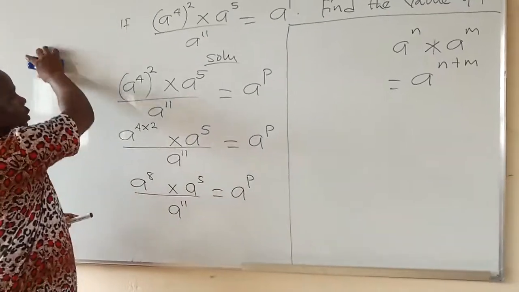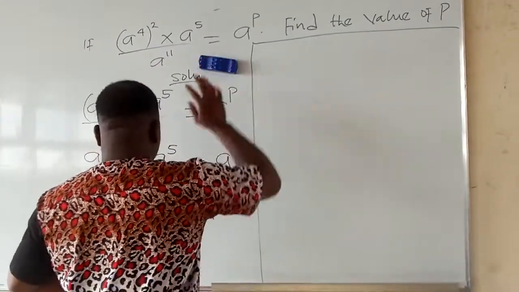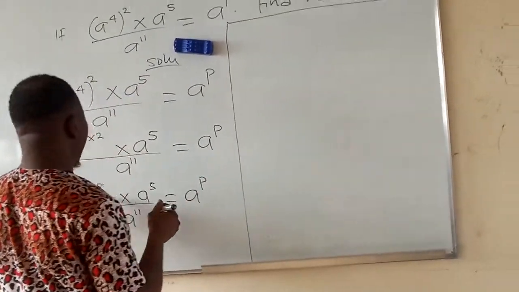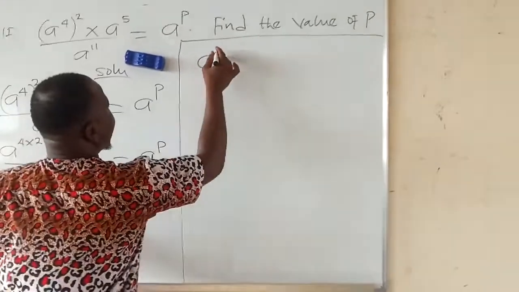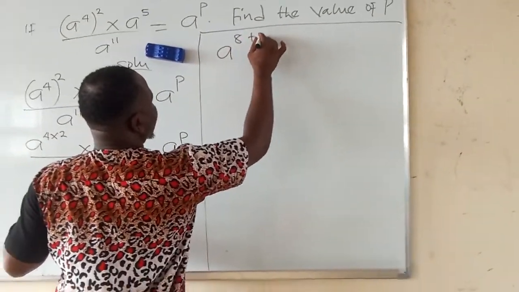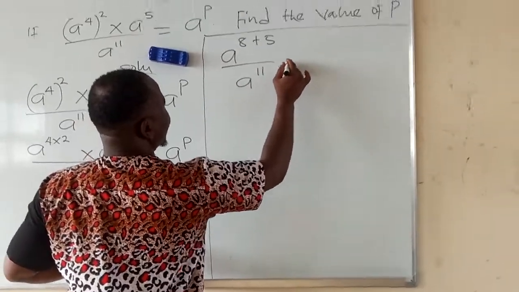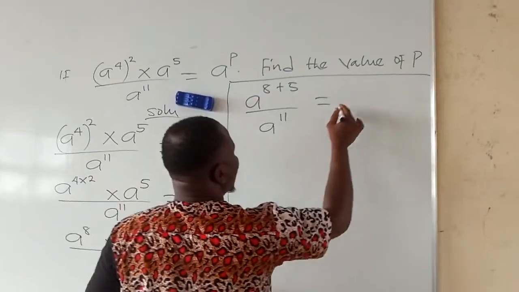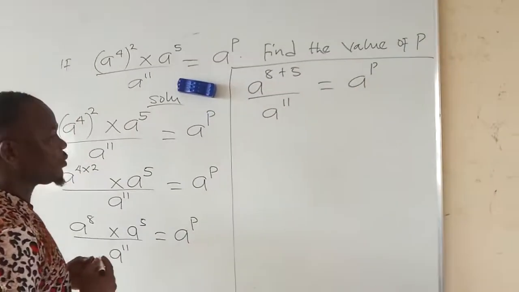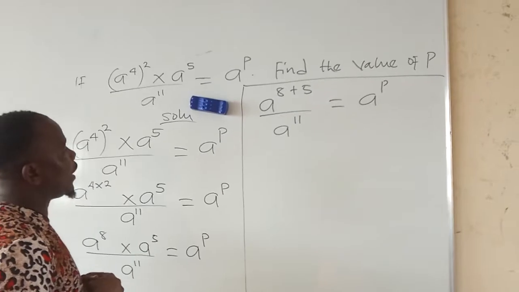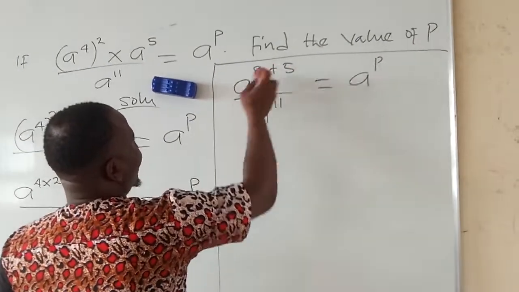Okay. So the numerator here will now be a raised to the power of what? 8 plus 5 all over a^11, which equals a^p. So we can now add 8 and 5.